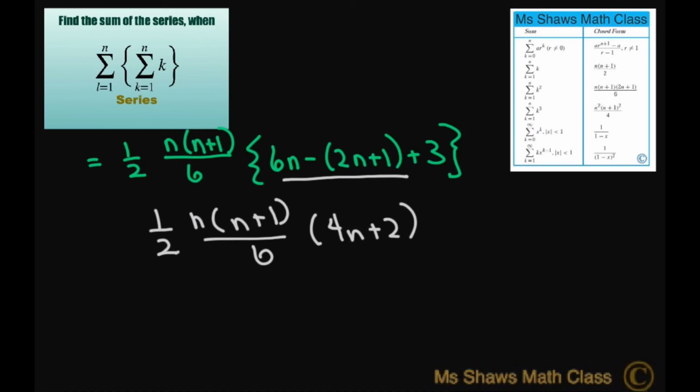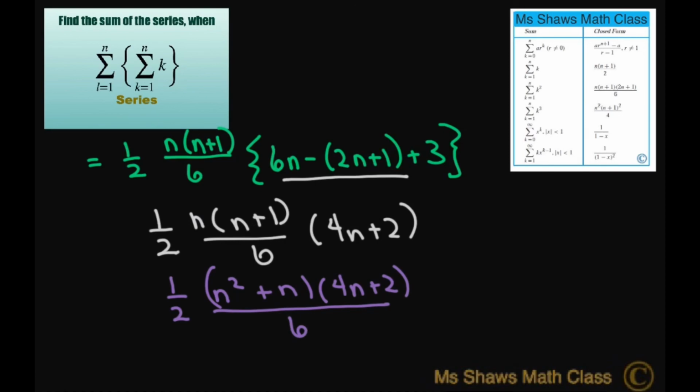this is going to be 1/2 times n squared plus n times 4n plus 2, all divided by 6. And this is going to all simplify.